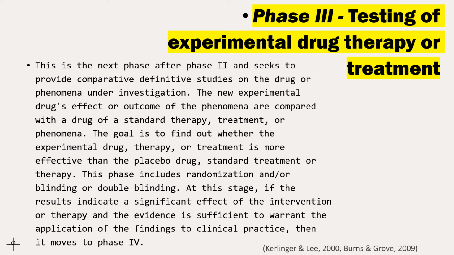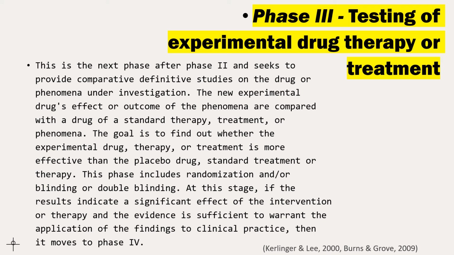The new drug, the new experimental effects, or the outcome of the phenomena are compared with another drug, which is normally known as the placebo, or the standard therapy, treatment, or phenomena. And the goal is to find out whether the experimental drug, therapy, or treatment is more effective than the placebo drug or the standard treatment or therapy.